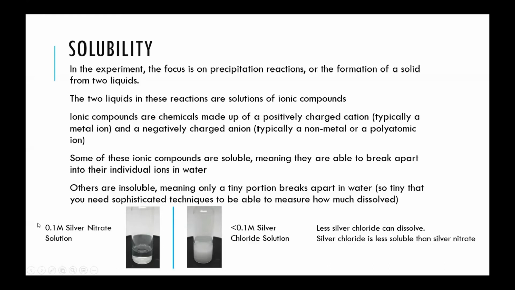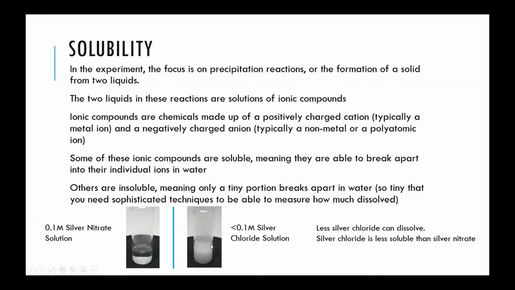So at a concentration of 0.1 molar, silver nitrate is completely soluble. It's fully dissolved in water. Silver chloride, however, at a concentration of 0.1 does not exist. A lot of the silver chloride will precipitate and form a solid in the solution at the bottom, and the liquid on top is saturated.